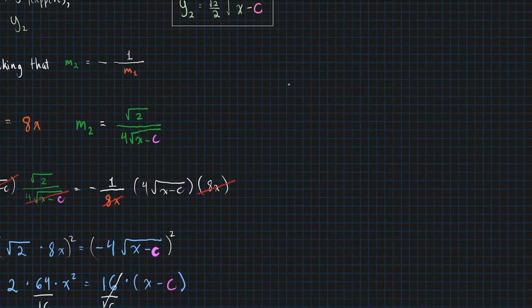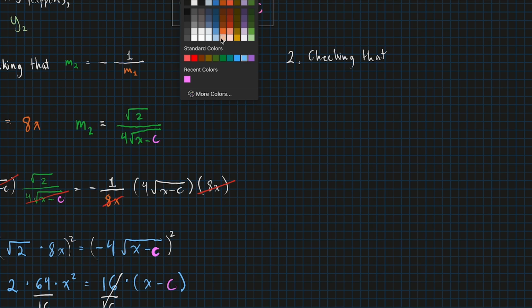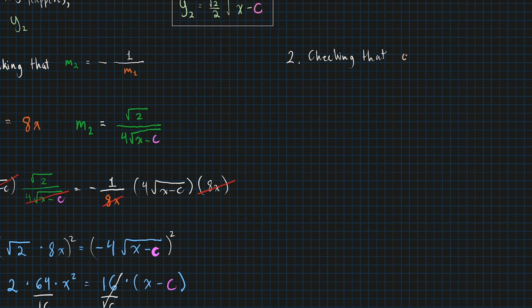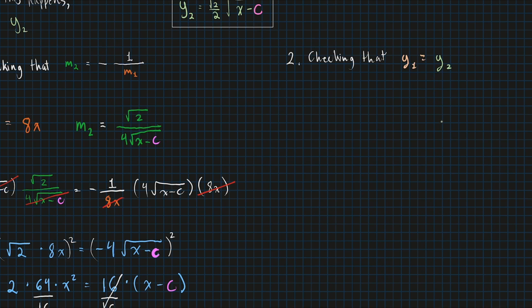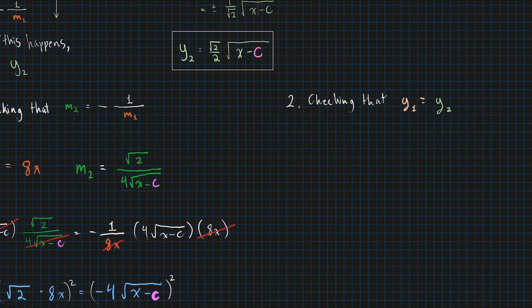Okay, so let's do it on the right over here. So second criterion, checking that. y1 is equal to y2. Now, no derivatives from this part on, just algebra.